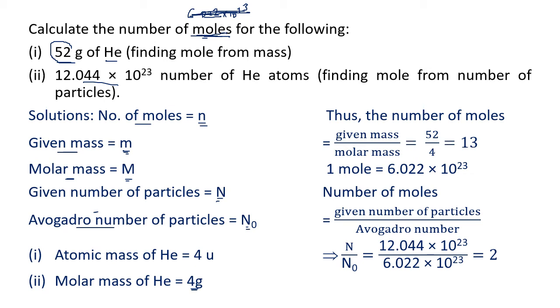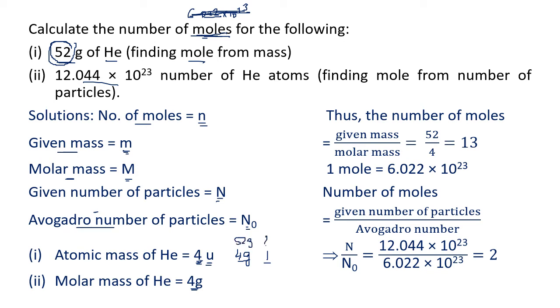Now what do we have to first find? How many moles in 52 grams of helium? Now, what is the atomic mass of helium? 4 units. It means in 4 gram there will be 1 mole. Then in 52 grams there will be how many moles?